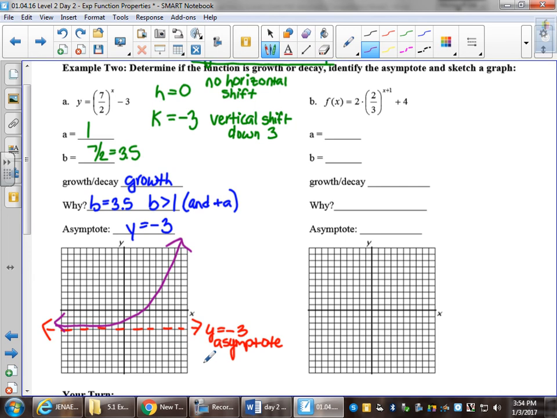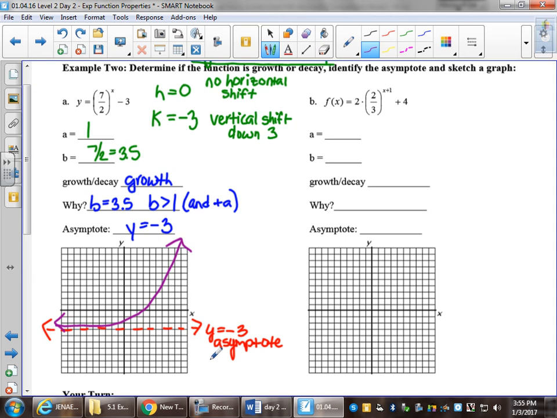Just graph your asymptote, y equals -3, and sketch it. Is it going away or towards? And you're done. So I guess you could argue you're using K, because that gets you the asymptote. But my point is, I'm not expecting any values on this graph.